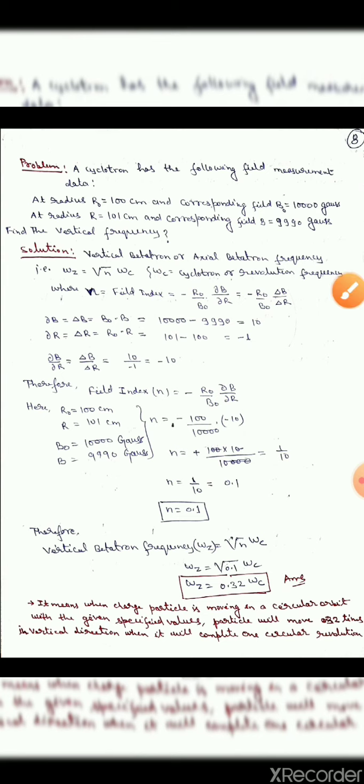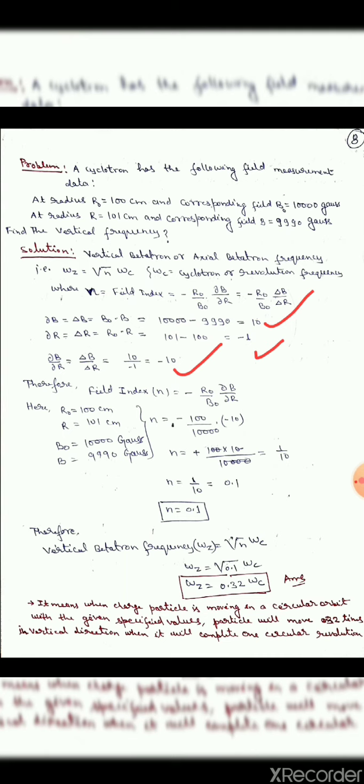So we can find del B equal to B0 minus B, which is equal to 10, and del r equal to r0 minus r, which is equal to minus 1. So del B upon del r is equal to plus 10 upon minus 1, that is equal to minus 10. Now the field index is equal to minus r0 upon B0 del B upon del r.